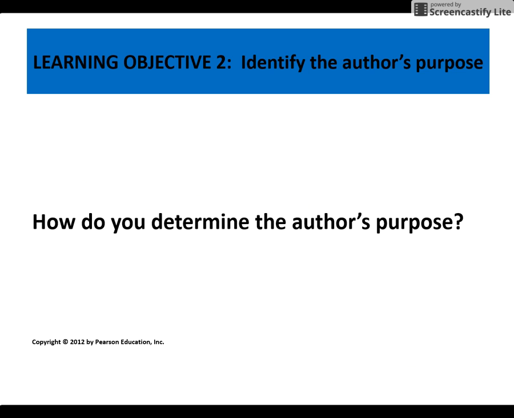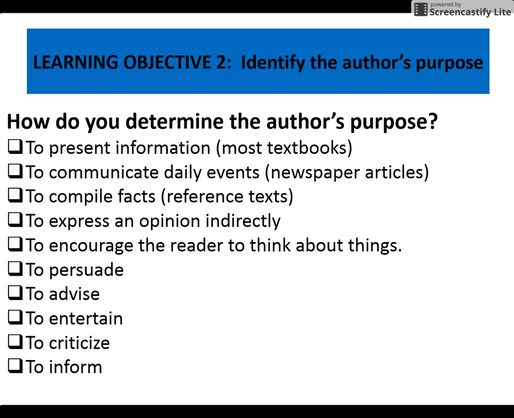Identifying author's purpose. We are accustomed to the author's purpose being the same types, to inform or entertain, expository. So it's important that you know there are different types of author's purposes.